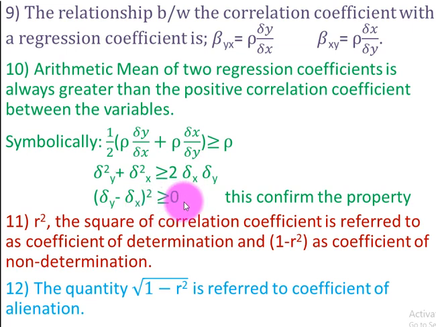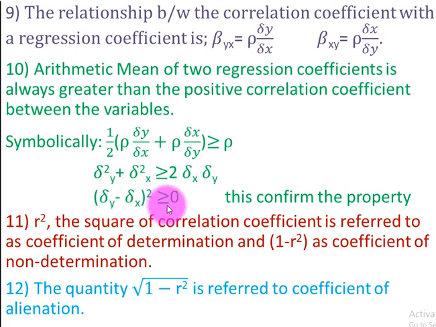Now if we shift the right-hand side term to the left-hand side, you get 0 on the right-hand side, and the left becomes sigma y squared plus sigma x squared minus 2 sigma x sigma y, which is of the form a squared plus b squared minus 2ab. By this formula, we know that it becomes (a minus b) whole squared, which is equal to (sigma y minus sigma x) whole squared.